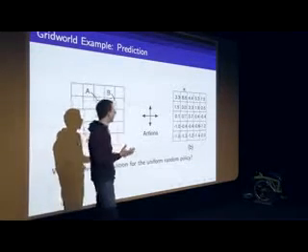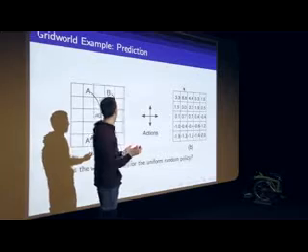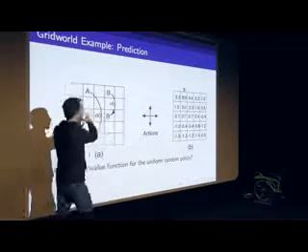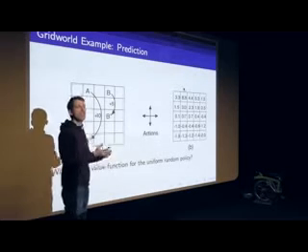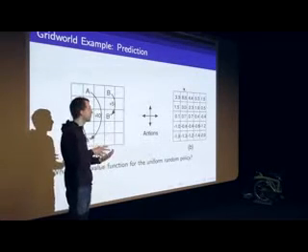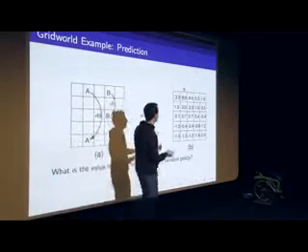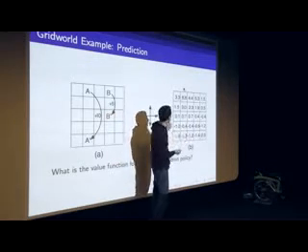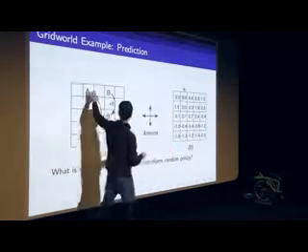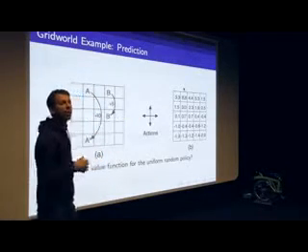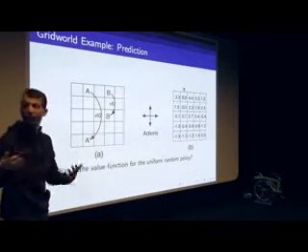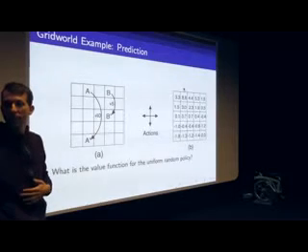We can ask, what's the value function for the uniform random policy? If we just move around this grid randomly, how much reward will we get? That's a prediction problem. For this fixed policy of behaving randomly, how much reward will we get? This is the answer. At best, in this top state, you get 8.8 units of reward in total going into the future, roughly. And we'll see how to solve these things in subsequent lectures.